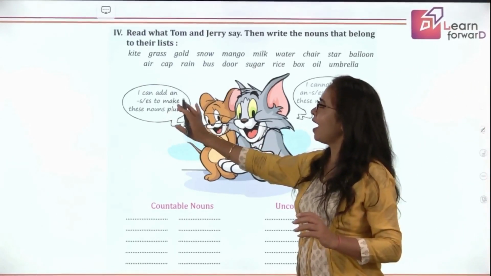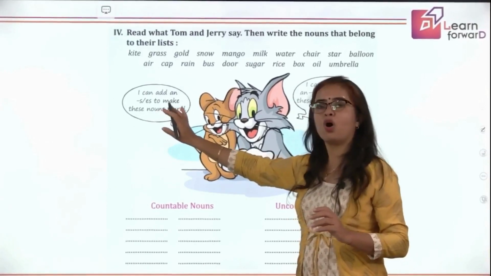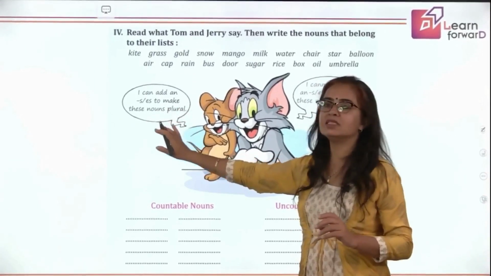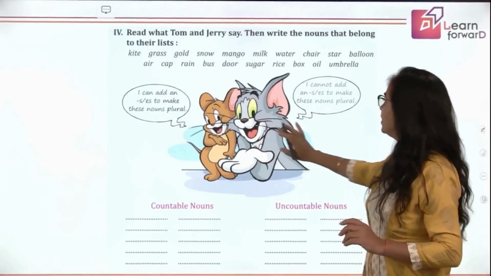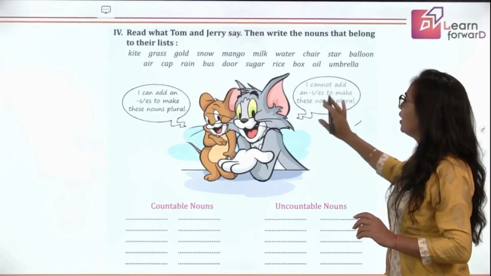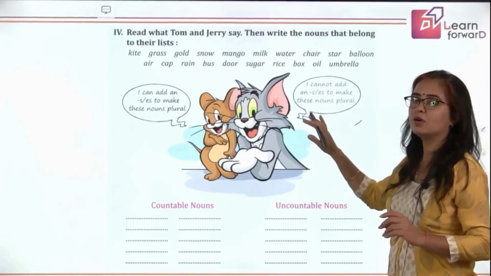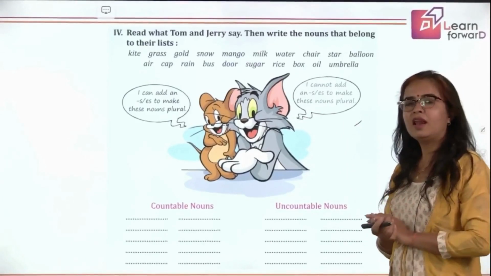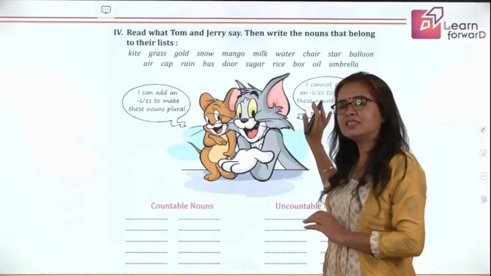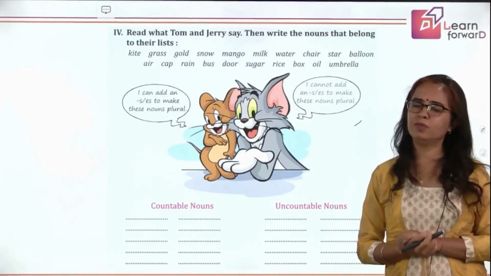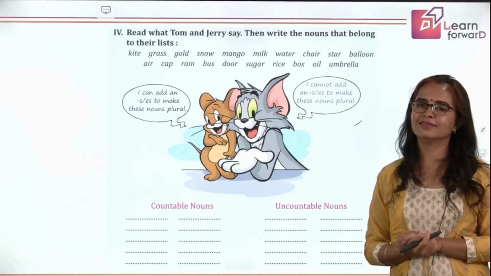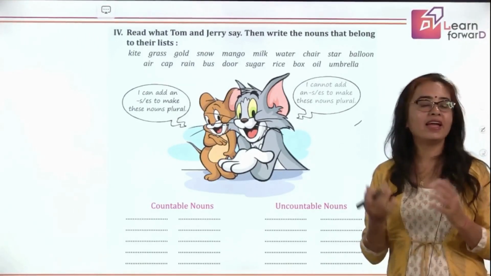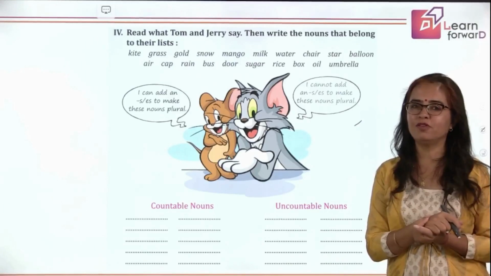I can add an S or ES to make these nouns plural, but I cannot add an SES to make these nouns plural. Now, why can't we add SES to make the noun plural? Tell me. Why can't we change the nouns to plural form?